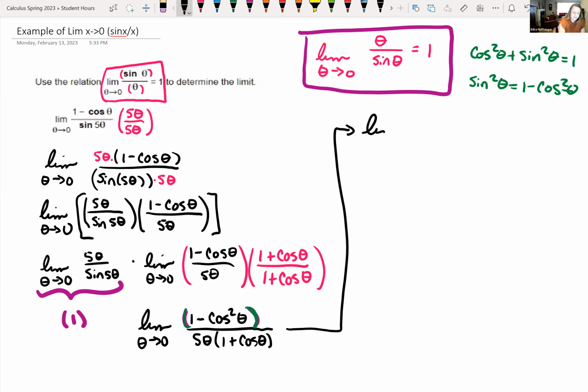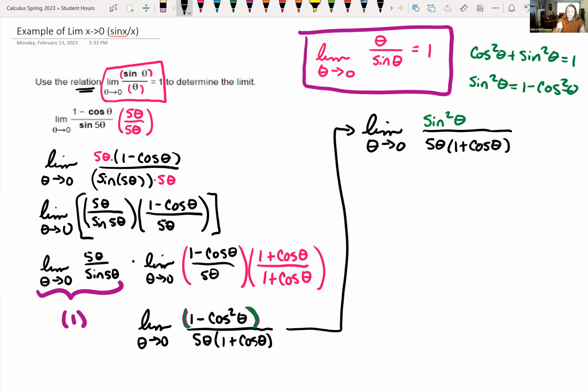So I have the limit as theta goes to 0 of sine squared theta all over 5 theta times the quantity 1 plus cosine theta. So if you go and do direct substitution, you're still going to get 0 over 0. But again, if you see a sine theta in your limit, then try to manipulate it to use the relation that we're given.